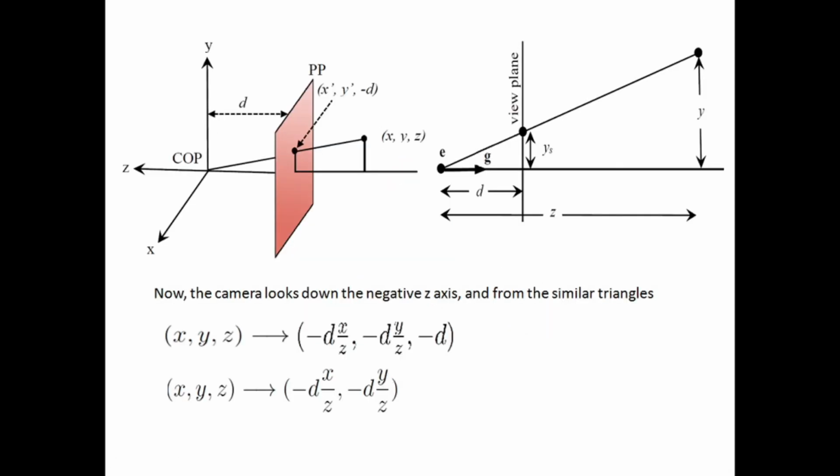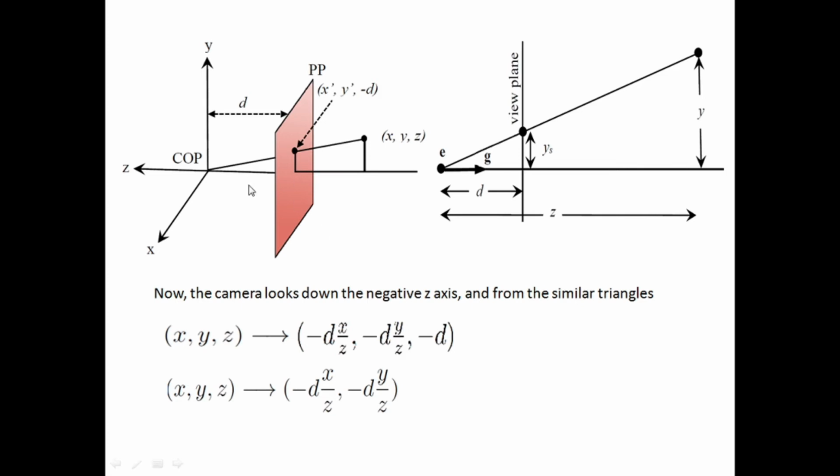Now, as I have said, my camera is looking along the z axis, and I have an object at the x, y, z location. This is my center of projection, this is my plane of projection, and it will be my image plane.